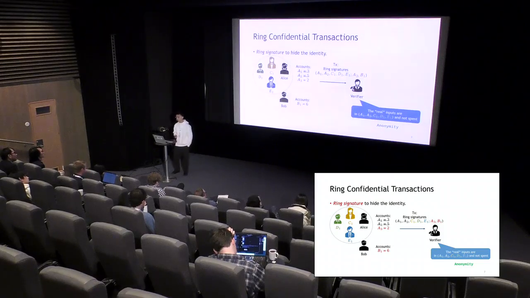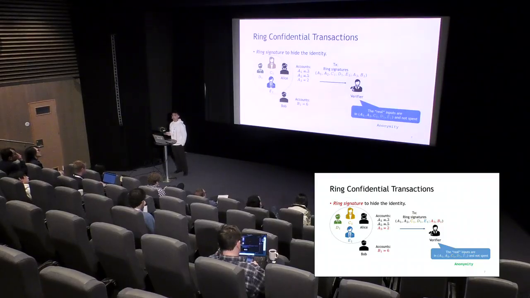So now the transaction only includes a ring signature as well as a list of public keys. So the verifier can check the signature and be convinced that one of the public keys in the list has signed this transaction, but he cannot determine which one exactly.